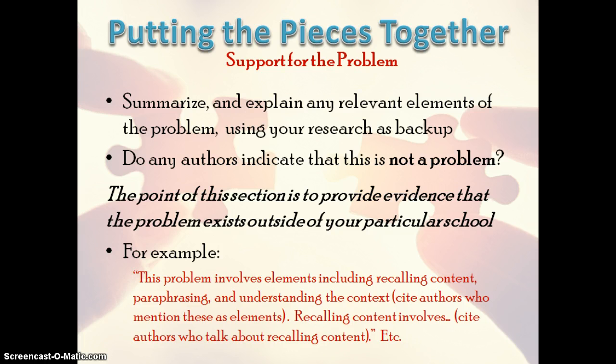Then I might go into detail about each of those elements. So recalling content involves, and then I might explain what's involved in that and cite a particular author for that. Then I might go on to paraphrasing. What does that involve? Why are students having problems with that? And how does that contribute to problems reading? And then cite those sources. So think about doing something like that in order to justify your problem.